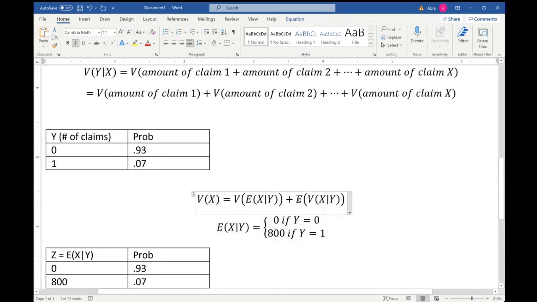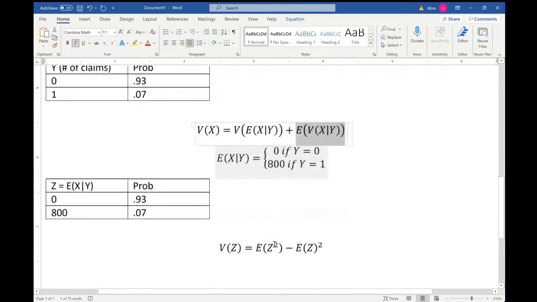And then for the other part, the expected value of the variance of x given y, similarly, the variance is going to have two possible values depending on whether y is 1 or 0. Right. So from that, you can make another table and then find the expected value of that new random variable in the table. Okay. Right, because then here 210,000 is the variance with probability 0.07, and then still just 0 if there's nothing.